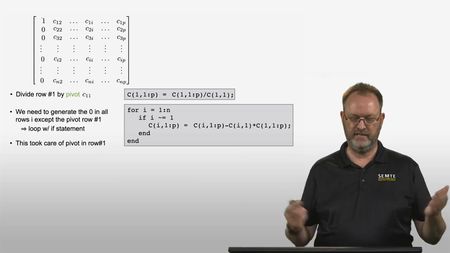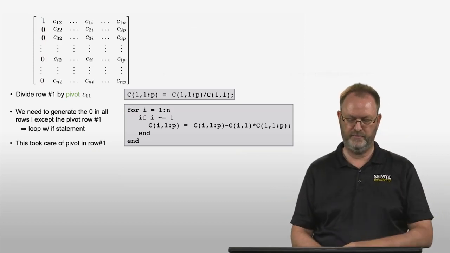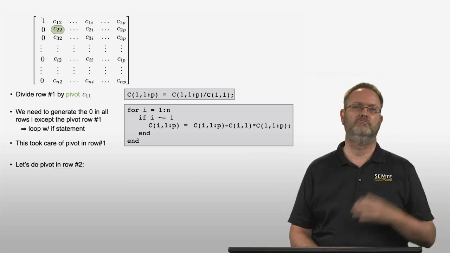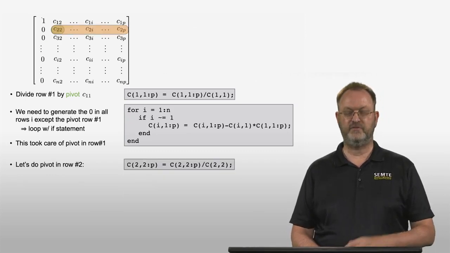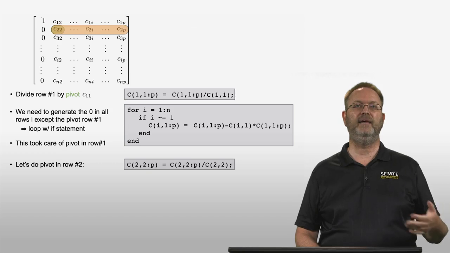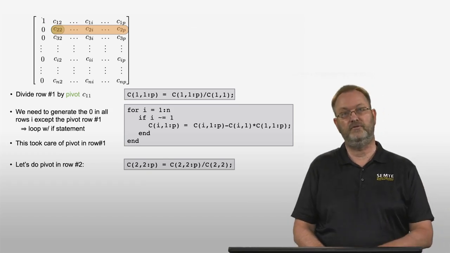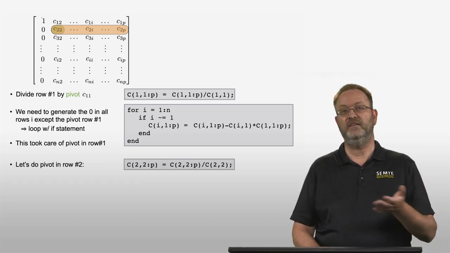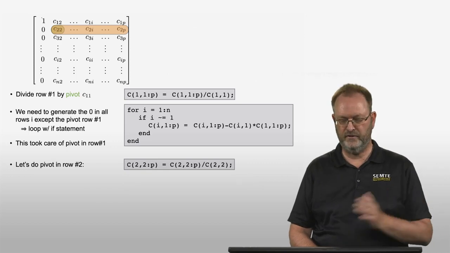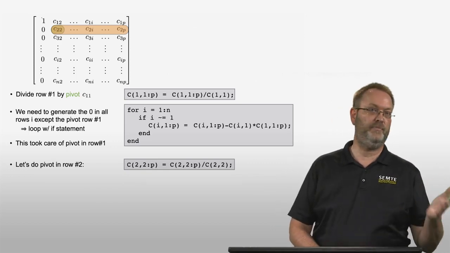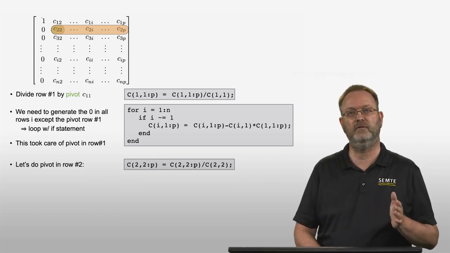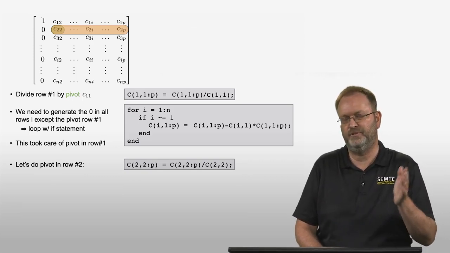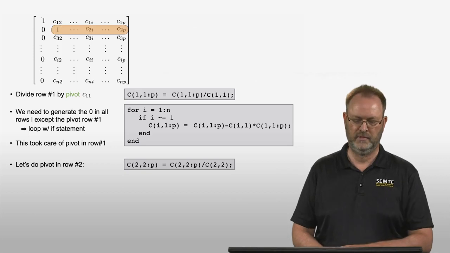Okay, so we're done with row number 1, the first pivot. Let's do row number 2, the second pivot. First up, we divide the row by the entry in the pivot position. The entry in the pivot position is C22. So we divide the row, where we can start now at the pivot position, so we go from 2 to p. We divide this entire row, starting at the pivot position, by C22.